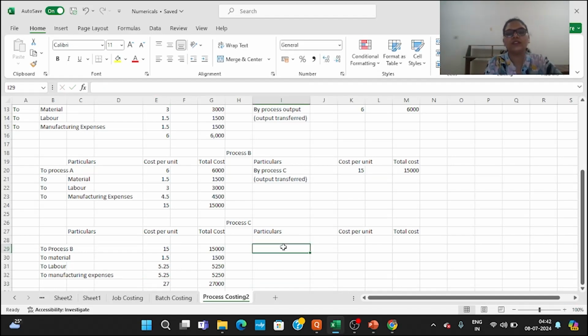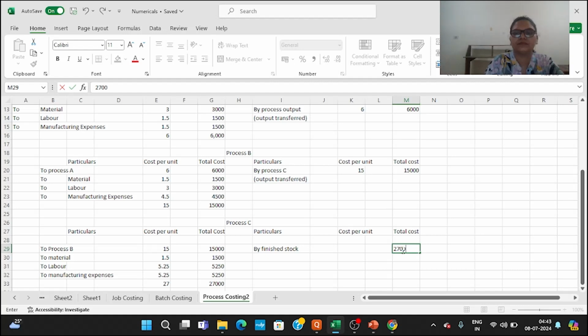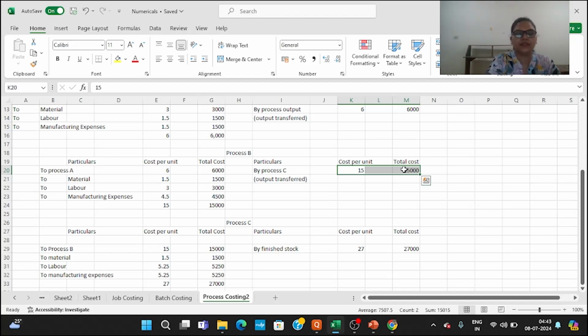Next is, we all know this is the last process. So it will be by finished stock account. Finished stock is 27,000. Let's make it more clear. 27,000 we will show in the last column to complete the format.